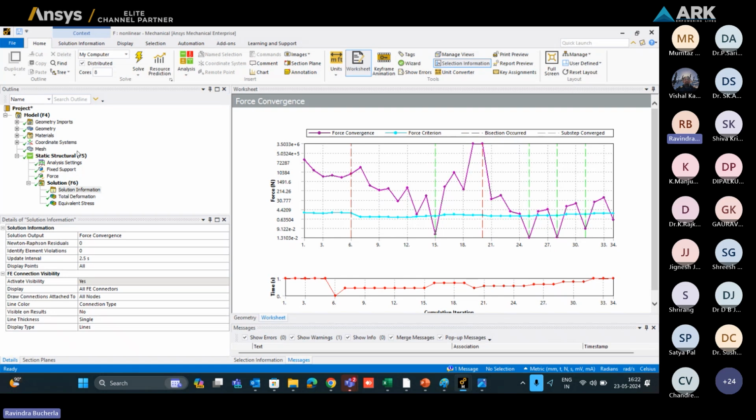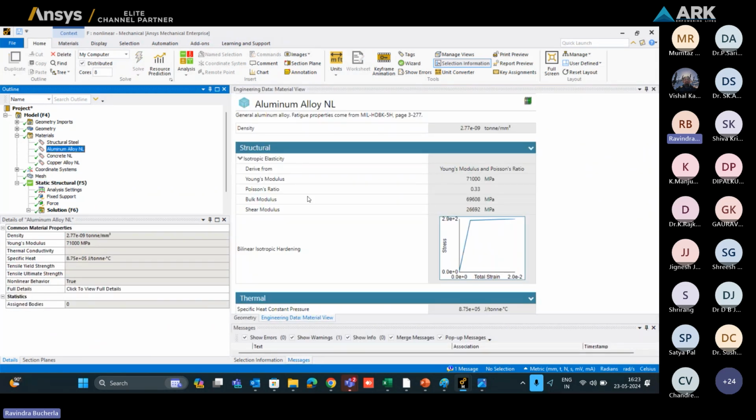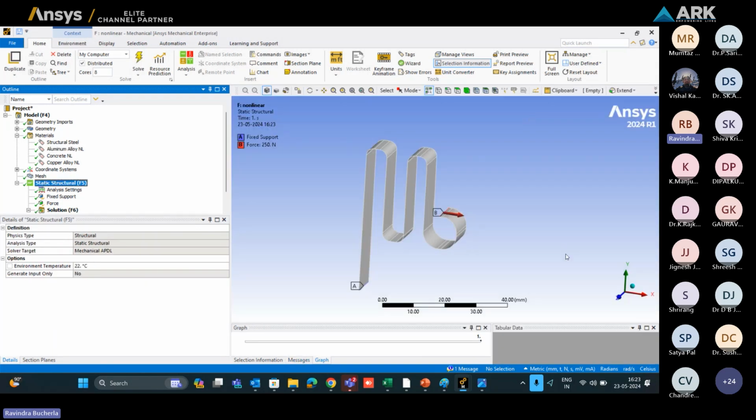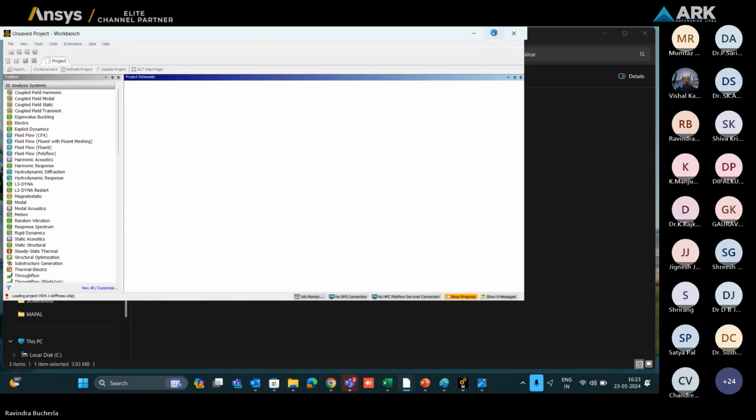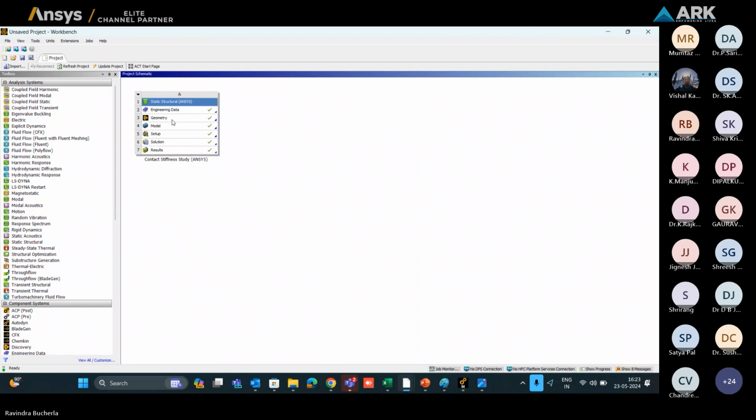Whatever we are doing here is completely geometric nonlinearity. If you want to go with the material nonlinearity, you can replace the material with one having the properties of that thing. So that is material nonlinearity. Now I will just explain about contact nonlinearities in 5 to 10 minutes. I will close the session.